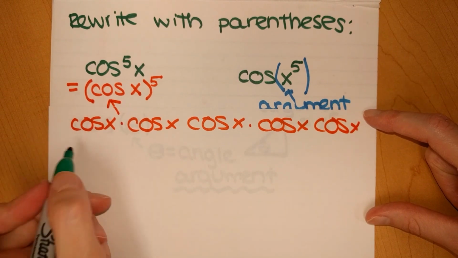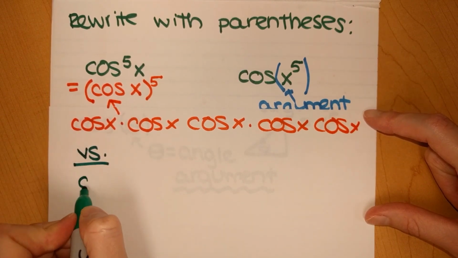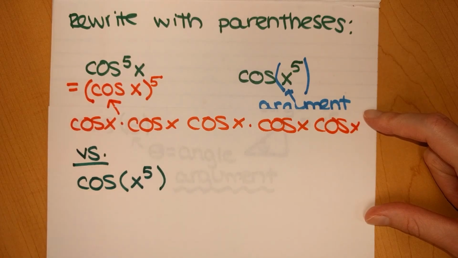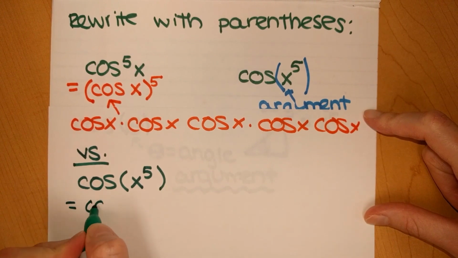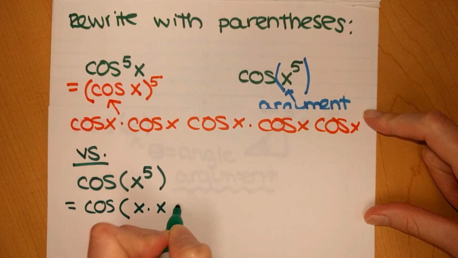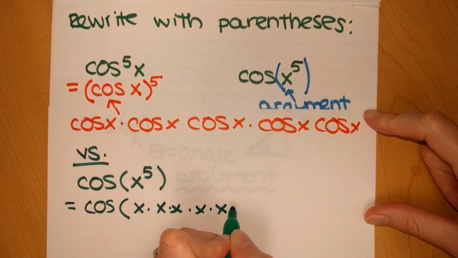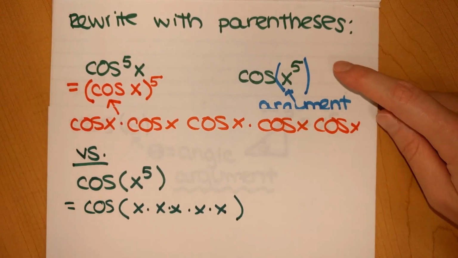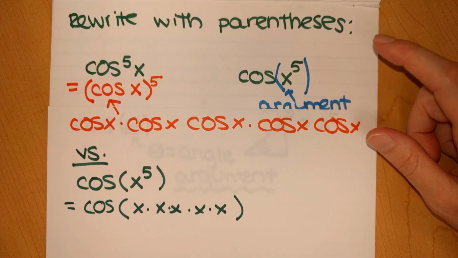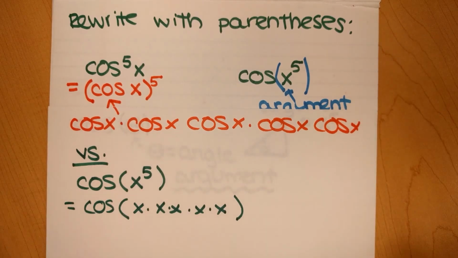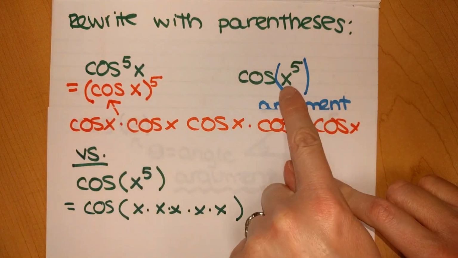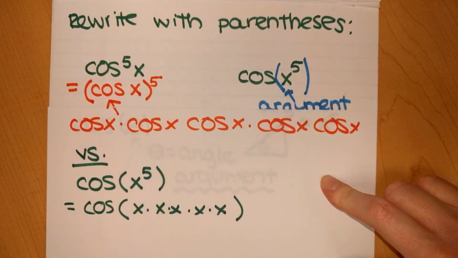Now, if you compare that to the notation of cosine of x to the fifth, where the argument is x to the fifth, what is notated by that is really the fact that you have cosine and then inside you have 5 x's. So it is a very different thing writing cosine 5 of x versus cosine of x to the fifth. And we really want to understand that when the exponent is sandwiched in between, the parentheses are around the entire function. Here the parentheses are just around the argument.